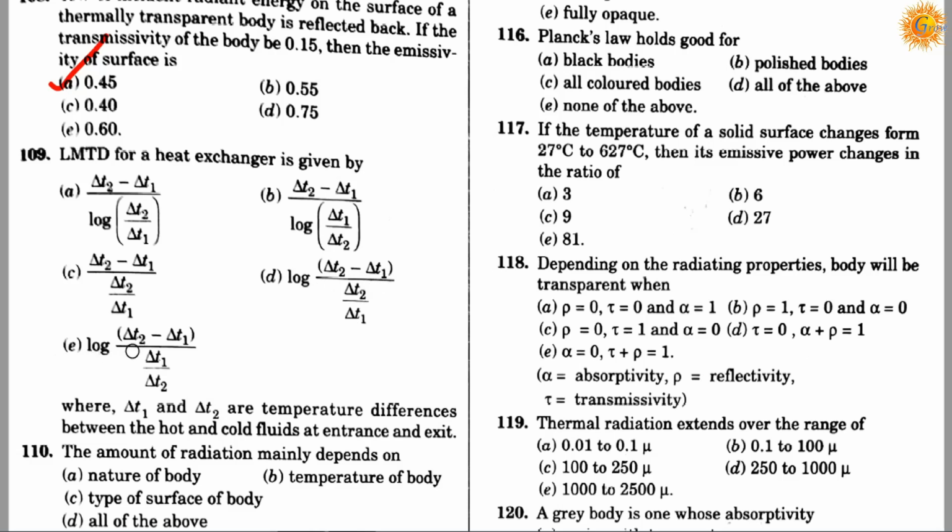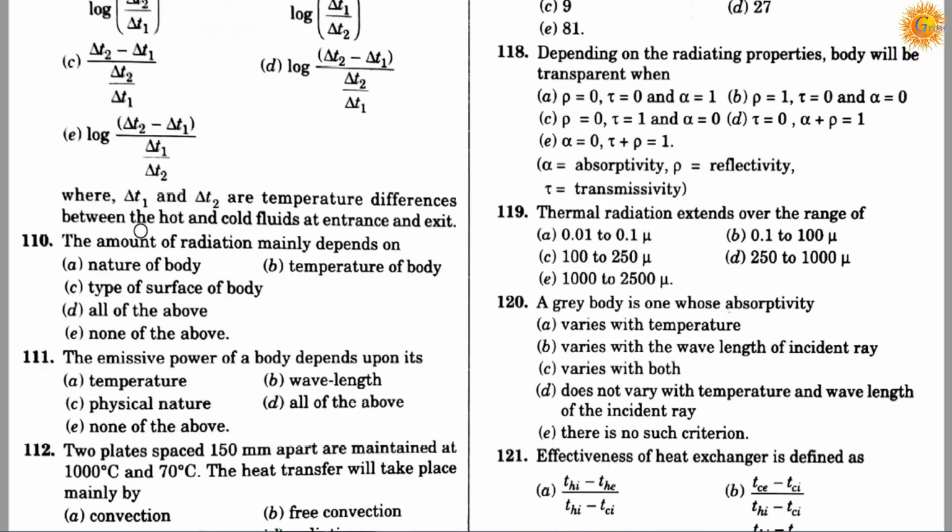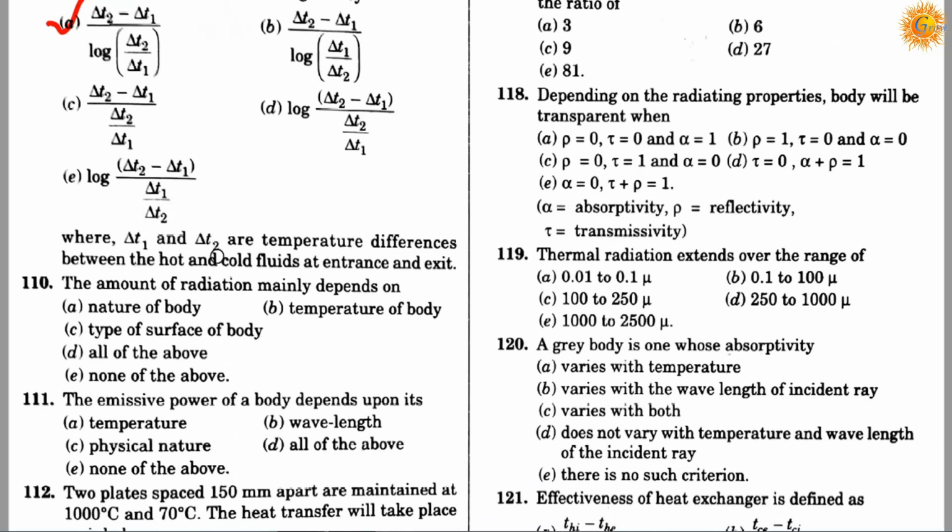Option E is log delta T2 minus delta T1 divided by delta T1 divided by delta T2. So the correct answer is A. It will be delta T2 minus delta T1 divided by log delta T2 divided by delta T1, where delta T1 and delta T2 are the temperature differences between the hot and cold fluids at entrance and exit.